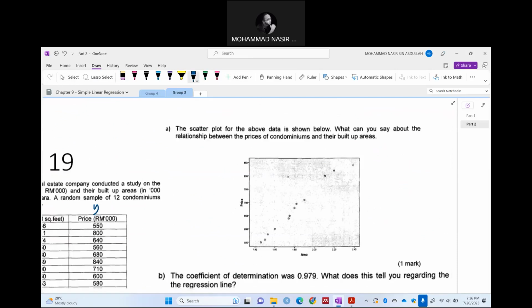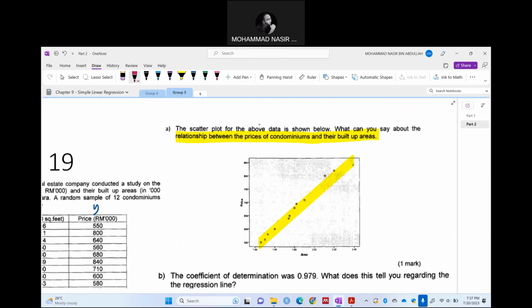What can you say about the relationship between the price of condominium and their built-up area? It shows increasing from left to right. It means that there is a positive linear relationship between area and price. If they are decreasing from left to right, it means there is a negative linear relationship. So we are looking into linear relationship, right?